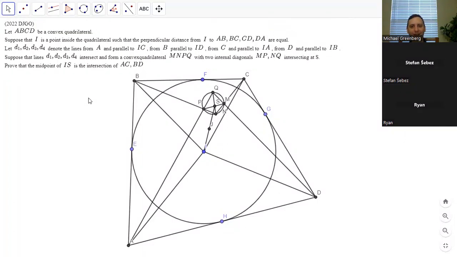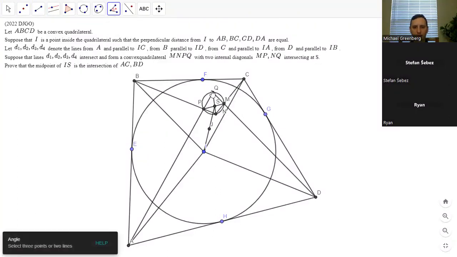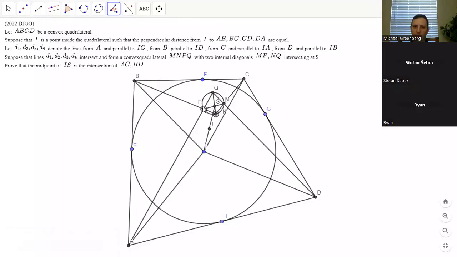Okay. Let's see. So F corresponds to N and H corresponds to Q, but let's see. Let's try this and this.